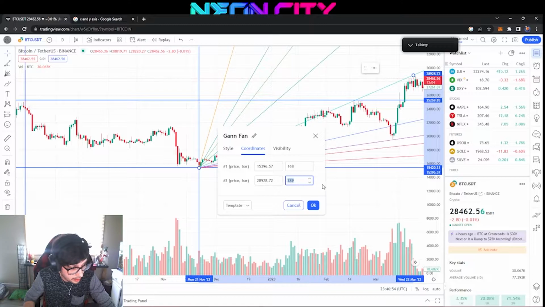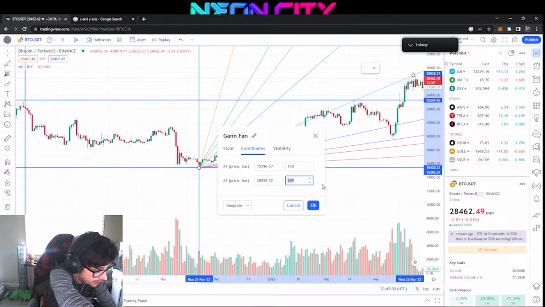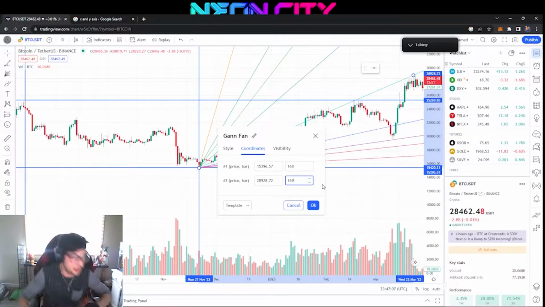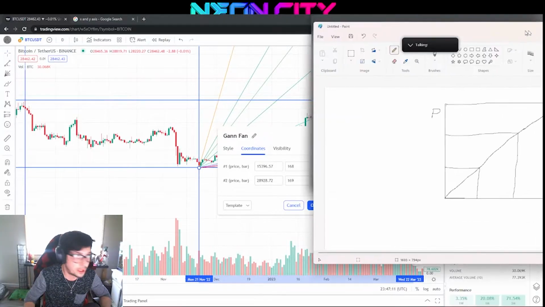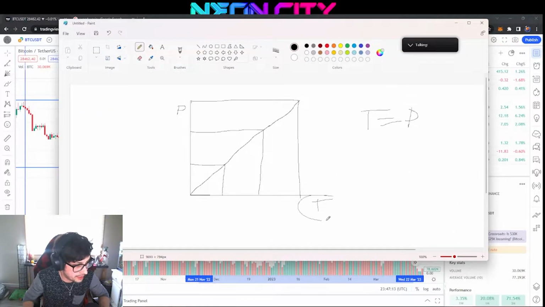We also want 1 price point to correlate with 1 time point. So if this is 168 bars, we want this second point to be 169. Price and time, 1 unit. I'll show you. If your time is at the bottom, your price is on the side, and this is your chart, right?